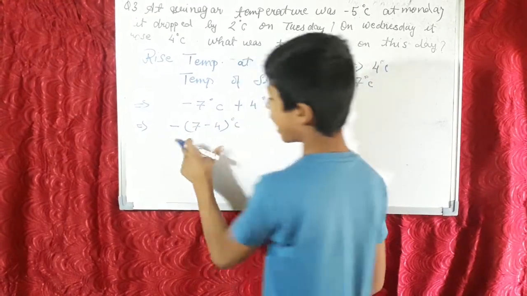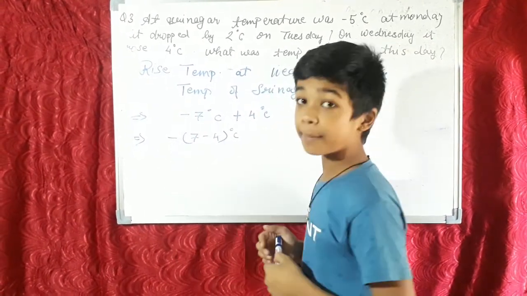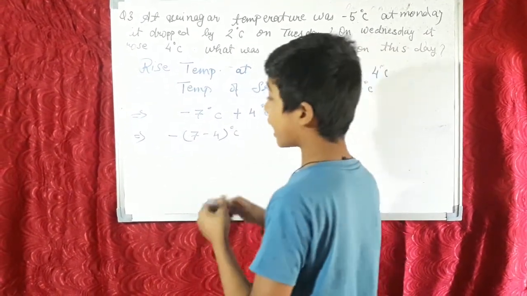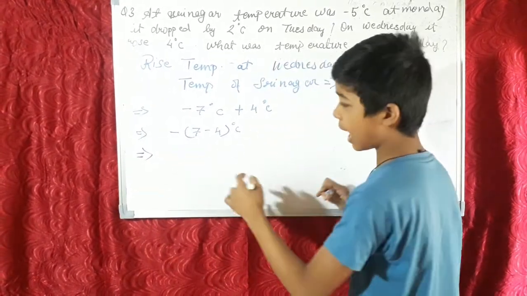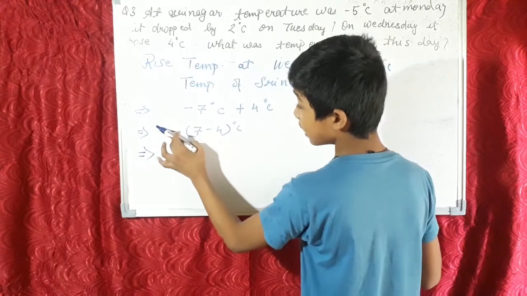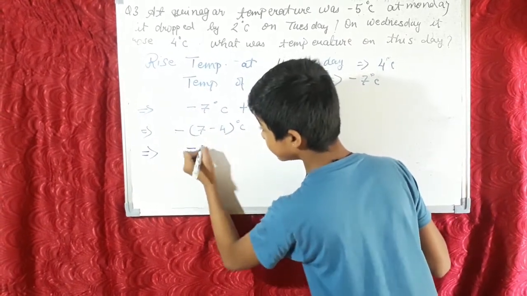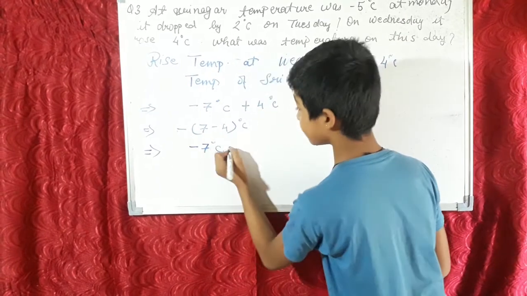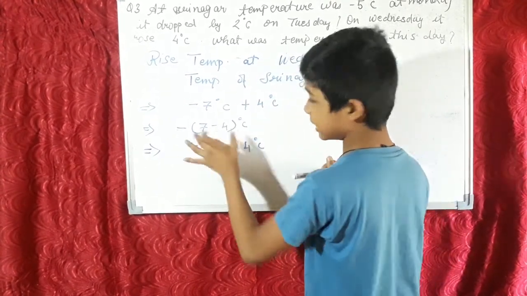Okay. Why have I done this? You are thinking why we have written this statement. We have taken the minus common. See why? Because if you do the multiplication, I am not solving it, if you multiply the minus inside, minus becomes minus 7 degrees Celsius, then minus becomes 4 degrees Celsius. We got this. So it is easy to solve.